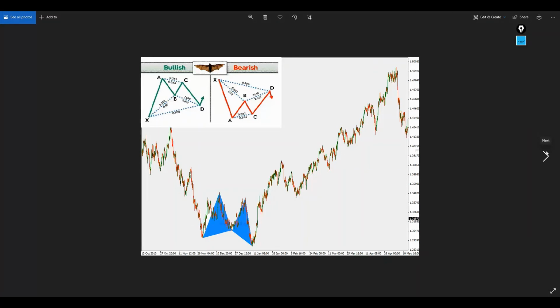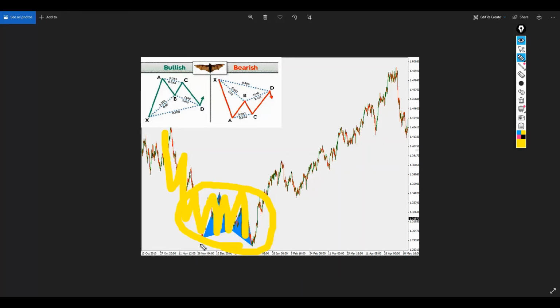Now imagine this is happening right at the end of a downtrend. See this one going down: lower low, lower high, lower low, lower high, and then we get a consolidation here, and then look, the market shoots in the opposite direction. As I said, this is a very rewarding trade this way.